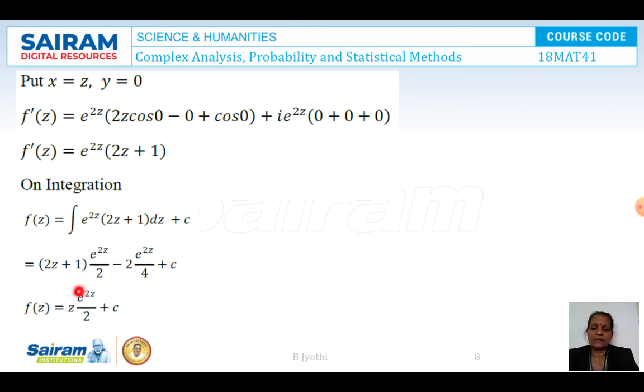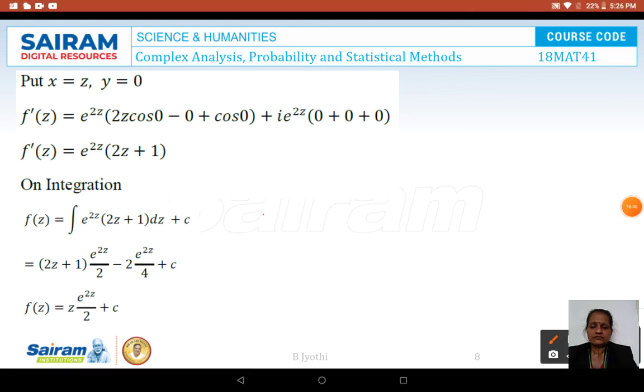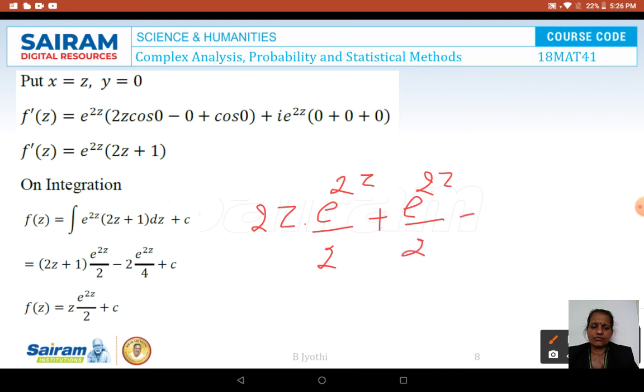Now, how this part has come is, when we write here 2z into e power 2z by 2 plus e power 2z by 2 minus 2 e power 2z divided by 4 plus constant, these two terms get cancelled.